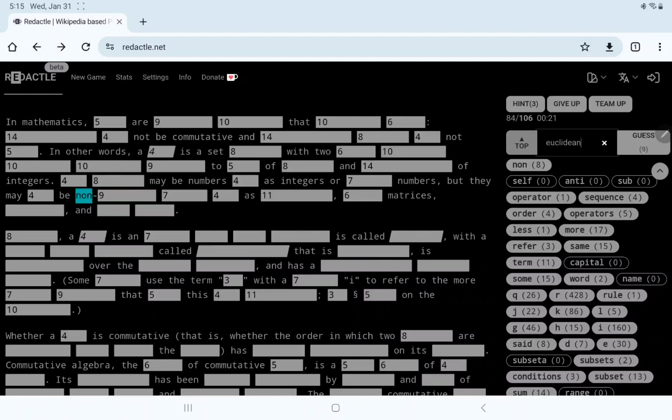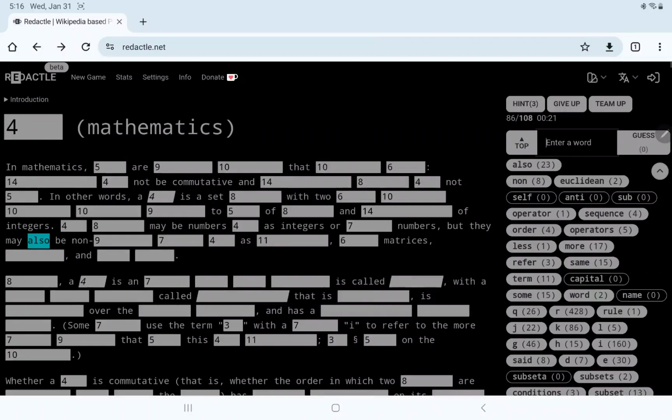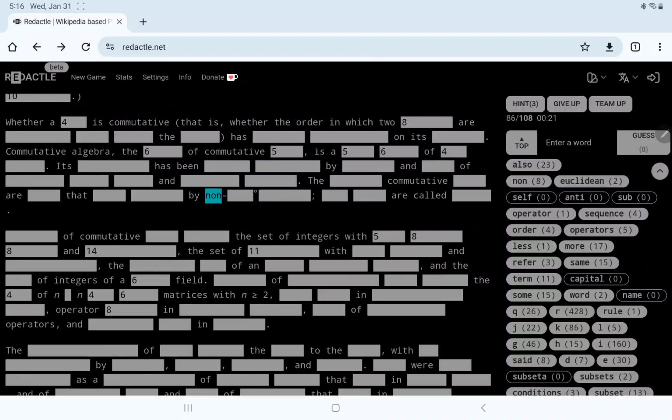Non-Euclidean we've had before. We do have two of those, but they may also be non-something. Non-blank. Non-zero.